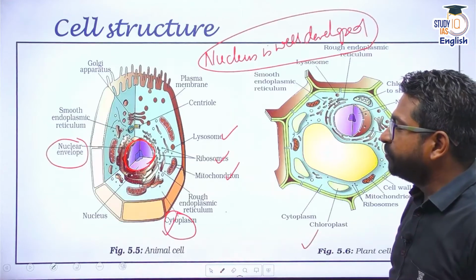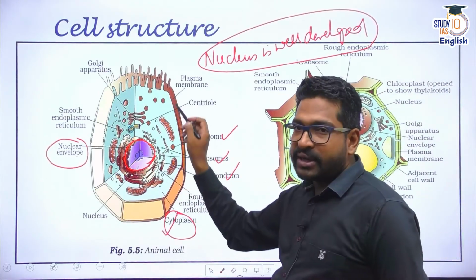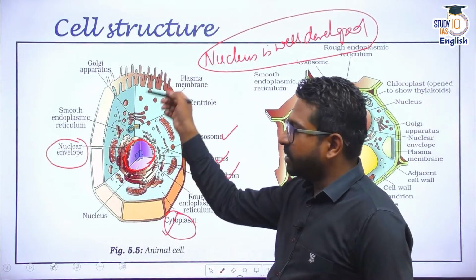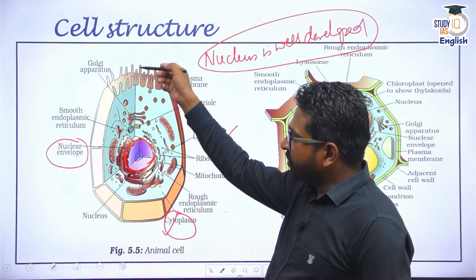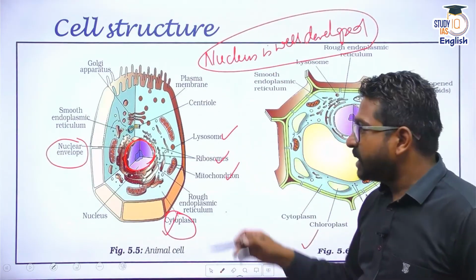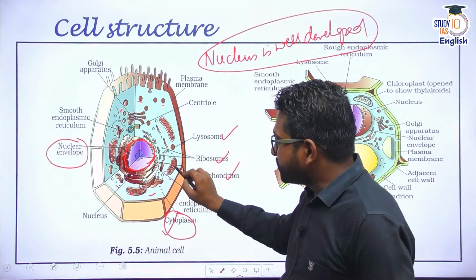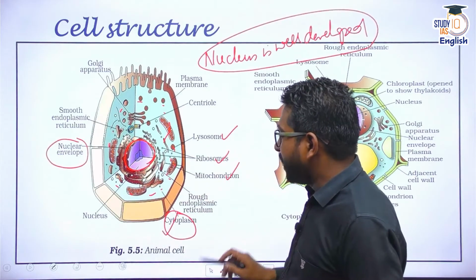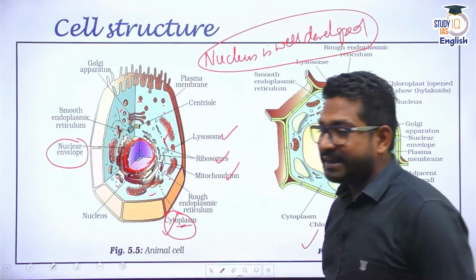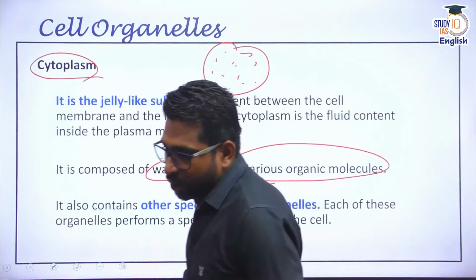As I've showed you the cell structure here, in an animal cell, you have so many cell organelles. You have mitochondria, you have nucleus, you have smooth endoplasmic reticulum, you have Golgi complex, you have centrioles, you have many other things. And all these things are hosted in a jelly-like substance called cytoplasm, right? Cytoplasm is written here. So cytoplasm hosts the other organelles.